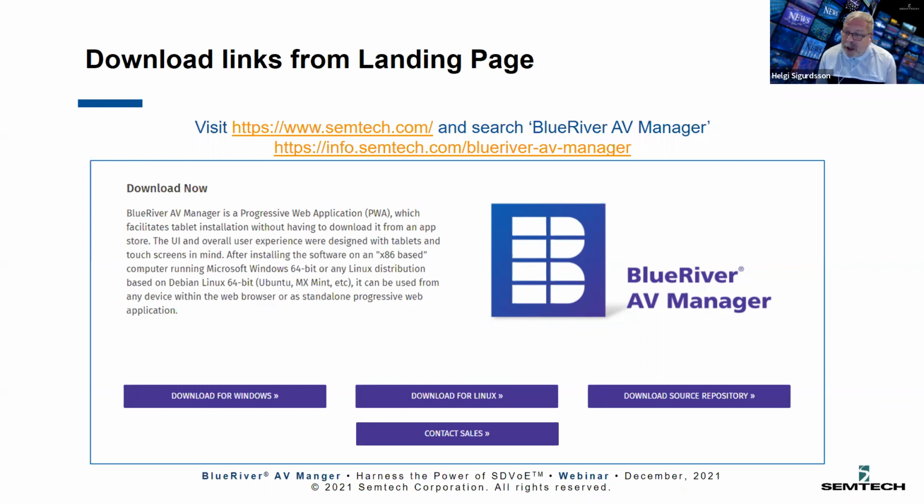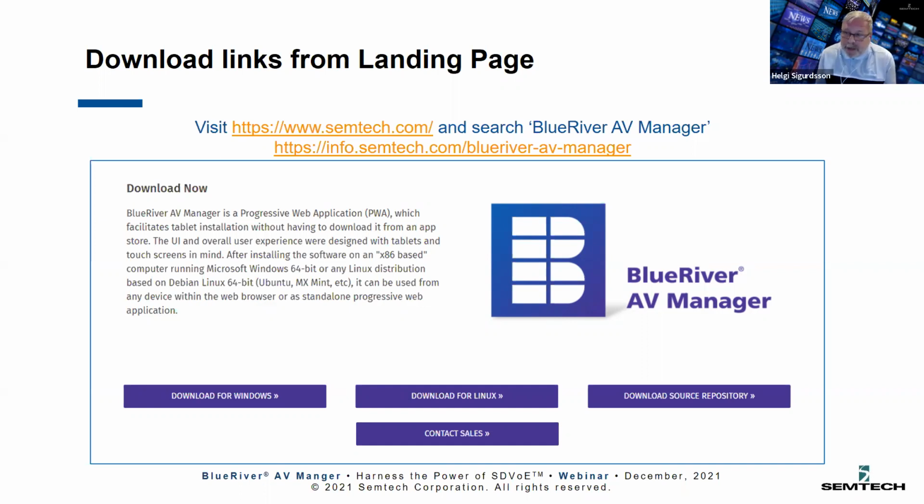In that landing page, of course, you have a short video introduction of the application. You can download a quick start guide, but the key is that you also have download buttons to download this application.